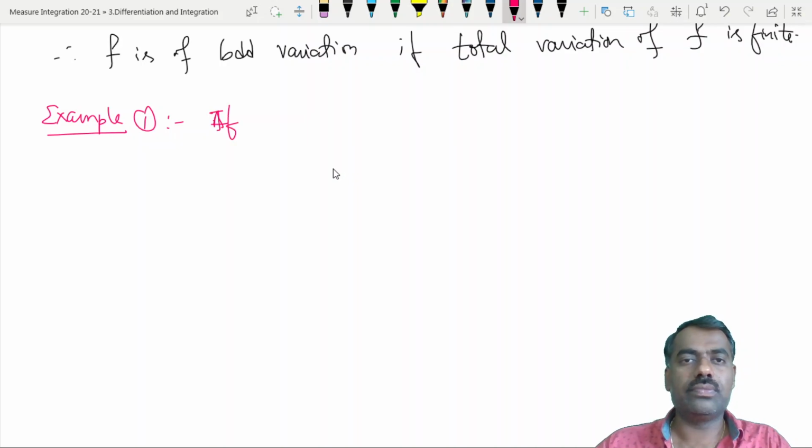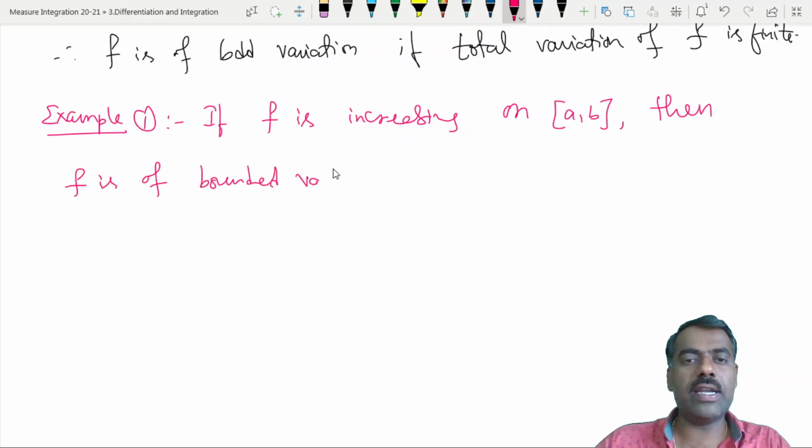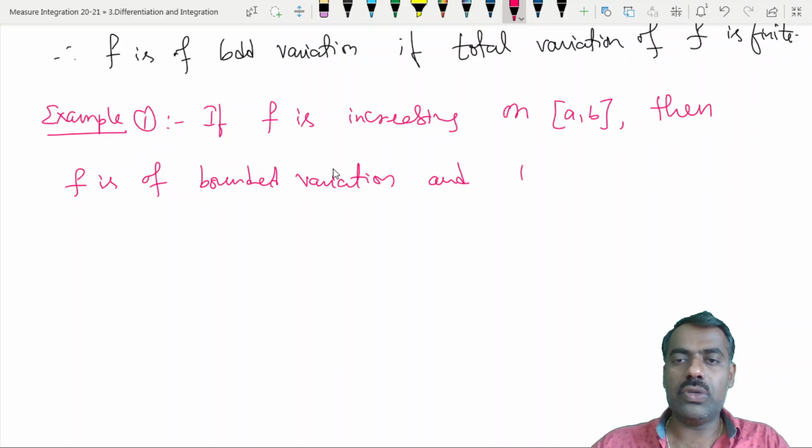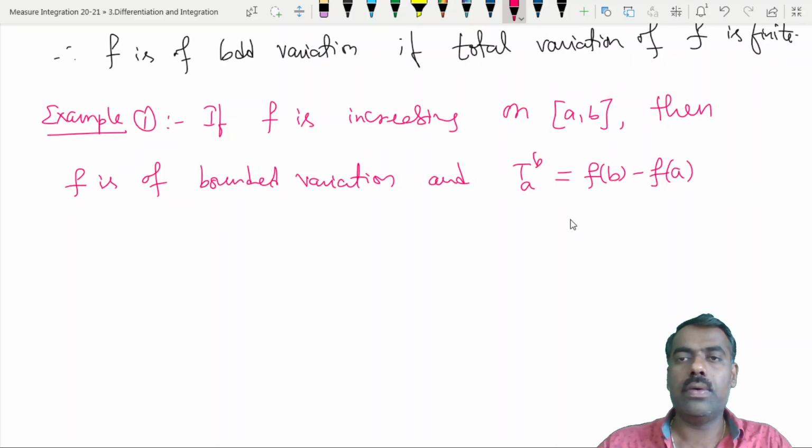If f is increasing on the interval a comma b, then f is of bounded variation, and in this case the total variation TAB is nothing but f of b minus f of a, the function evaluated at the endpoints. Okay, let's see why this is true.